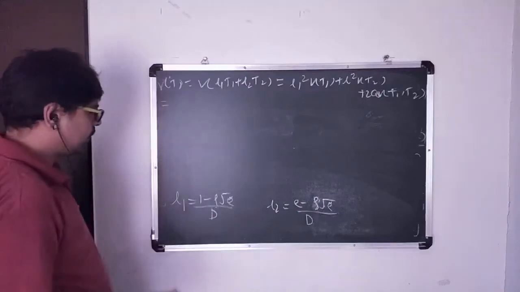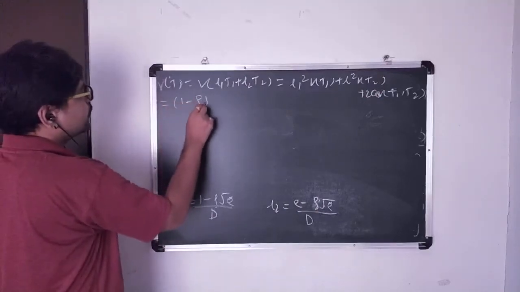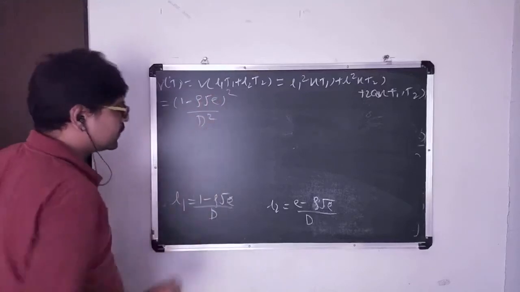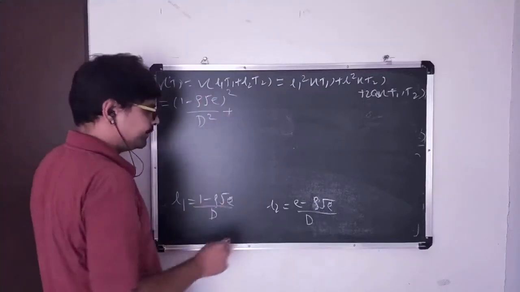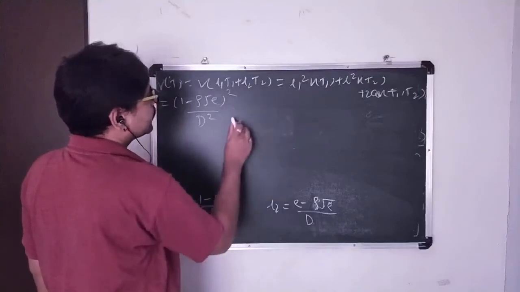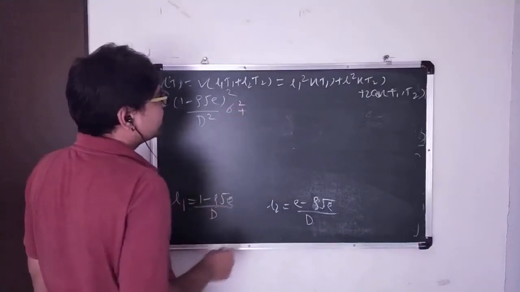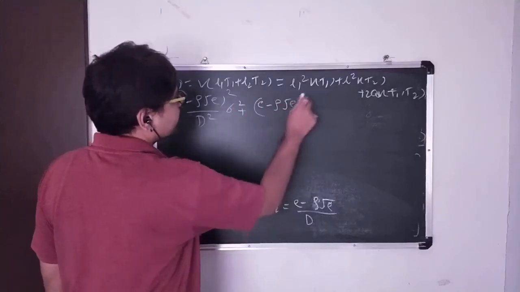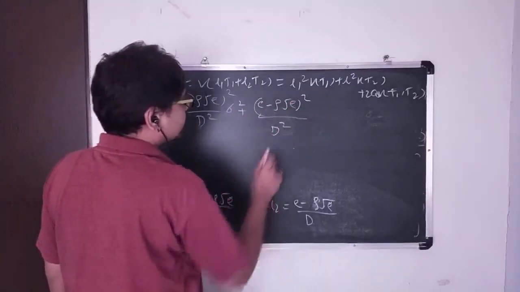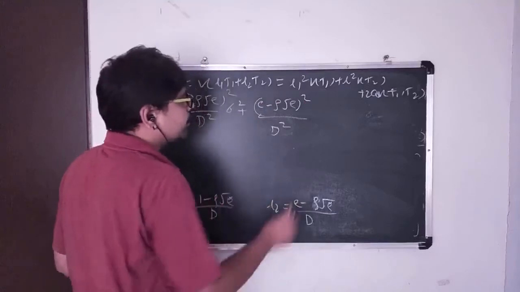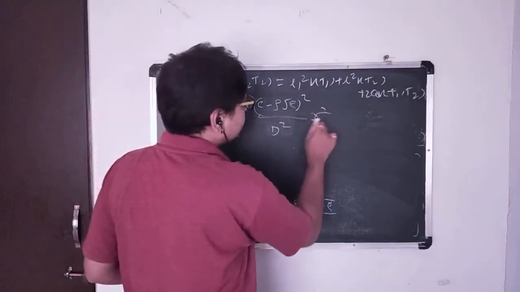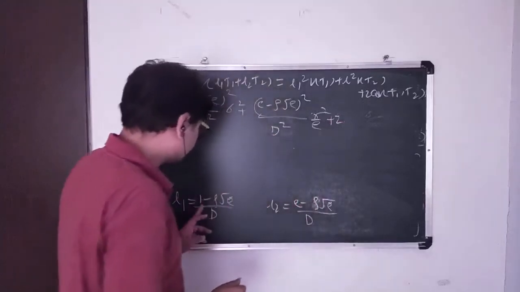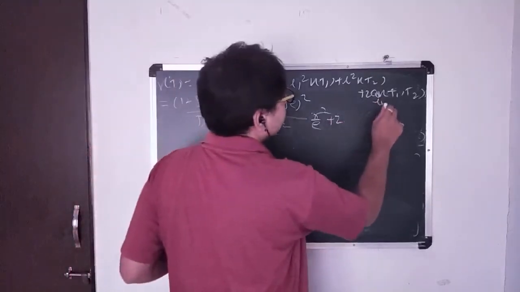So L1 square is 1 minus rho root E bracket square divided by D square, into variance of T1, which is sigma square, plus L2 square, E minus rho root E bracket square divided by D square, into variance of T2, which is sigma square upon E, plus 2 times L1 L2.